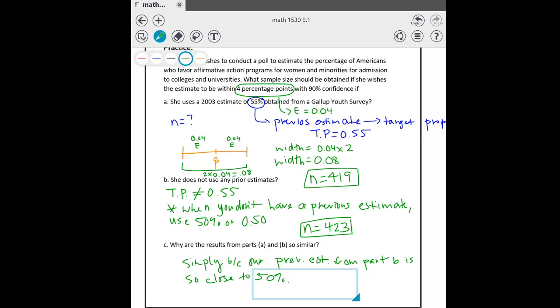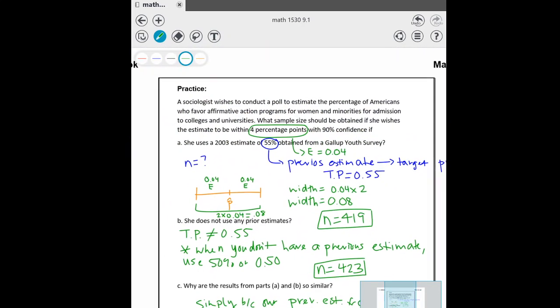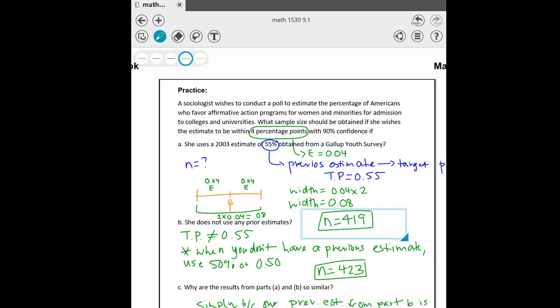Since the 55 was so close to 50% to start with, we didn't get very different answers from parts A and B.